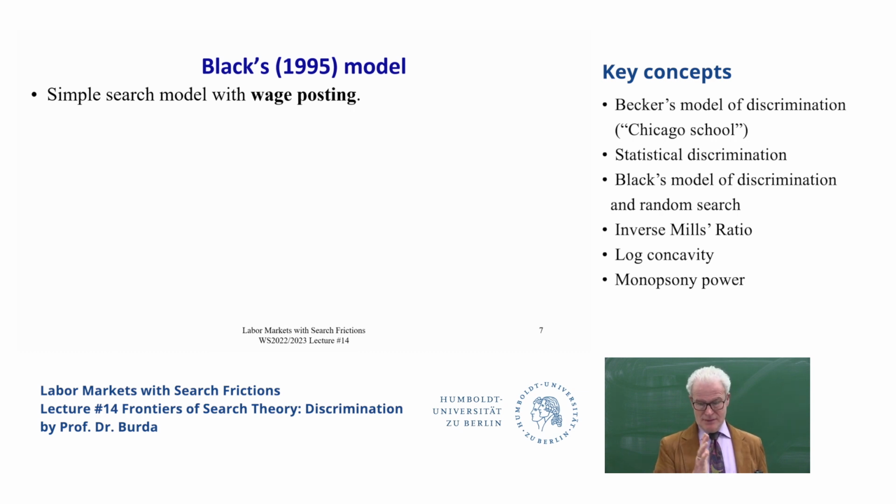You just say, okay, there's just an unlucky group. They could be the Sunni and the Shia or whatever you want. It just has to be observable, and then you can act as an employer. You can do something about it. That's the key aspect of this model. And the firms are going to be posting a wage, so it's going to be a little bit like Burdett-Mortensen.